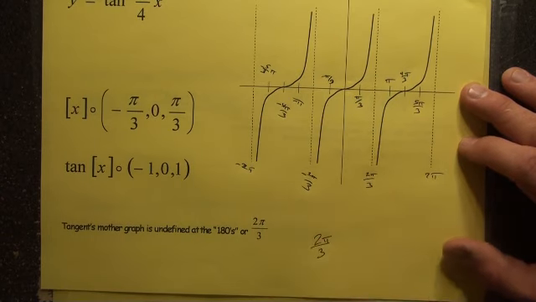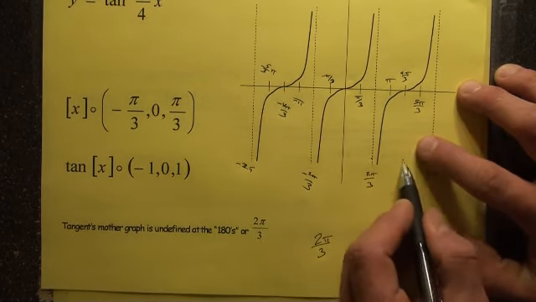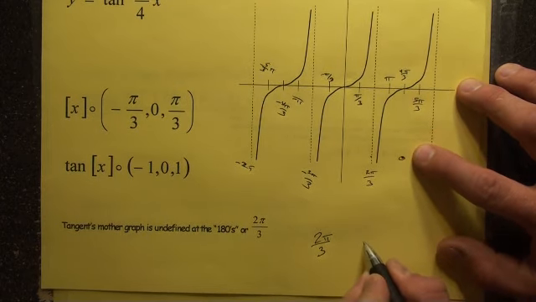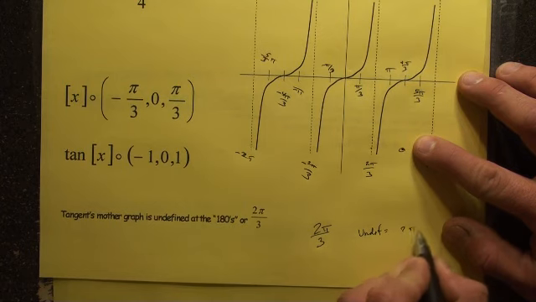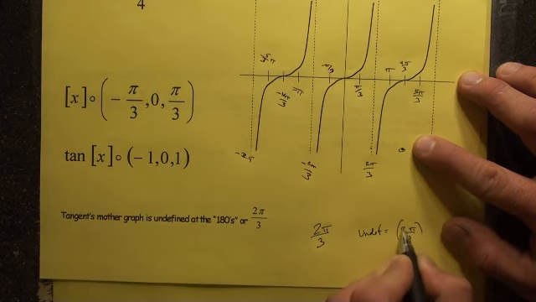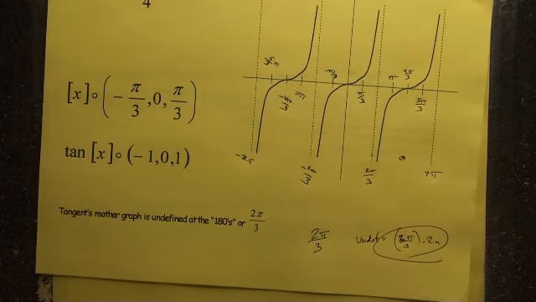Because it looks like 2 pi over 3 times 2 puts us at 4 pi over 3. So the undefines would not be at 2 pi over 3 times n, but times 2n. Every second 2 pi over 3.